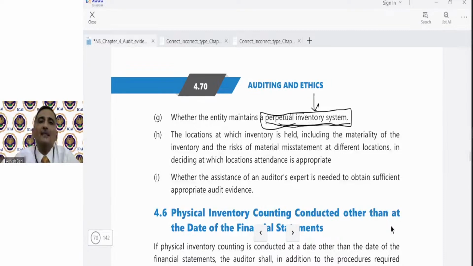So perpetual means a system of maintaining records, continuous system of maintaining records, where purchase, sales, and all production are automatically fed into the system, so that we get an overall picture of the stocks on a very near to real time basis. So usually larger companies which have huge inventories employ a perpetual inventory system.